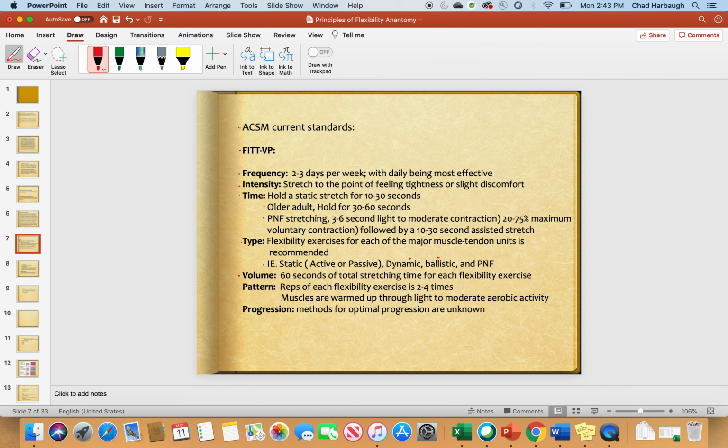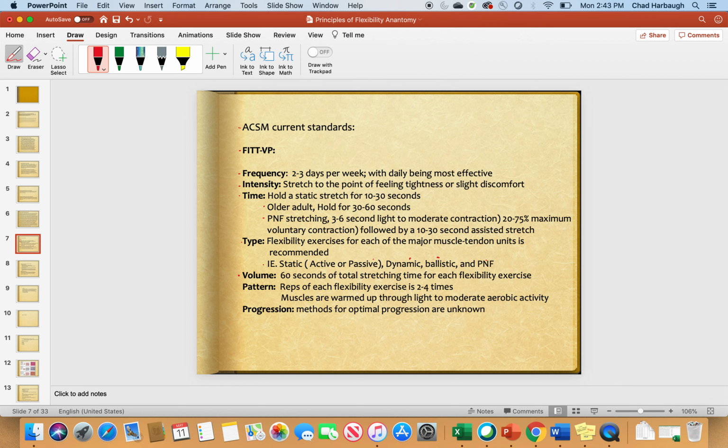When we look at the volume of any flexibility exercise, any type of flexibility that you choose, we should see a total of 60 seconds of stretching time. So you can do multiple bouts, repetitions of 10-second holds for 6 repetitions, or 2 30-second holds.